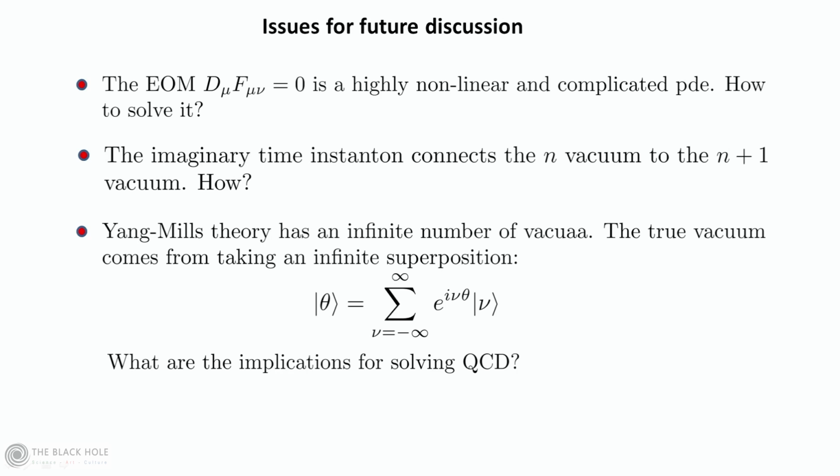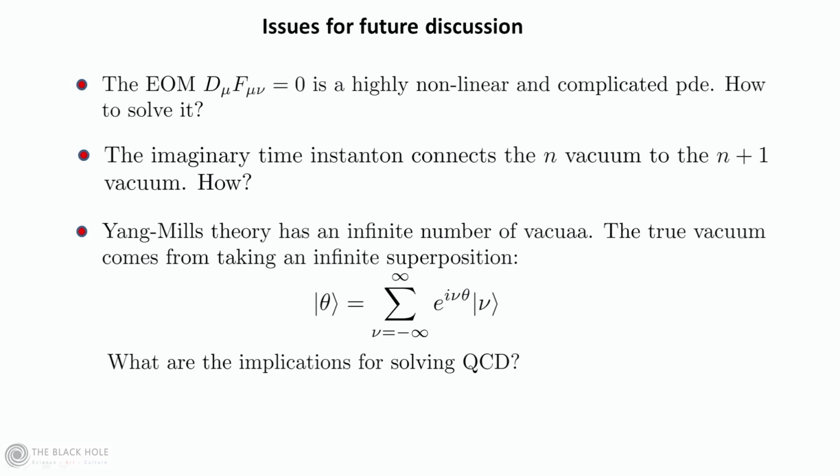People who do parton model calculations, people who do perturbative QCD, think that their vacuum is the right vacuum. But that vacuum could be any one of these infinite number of vacua.